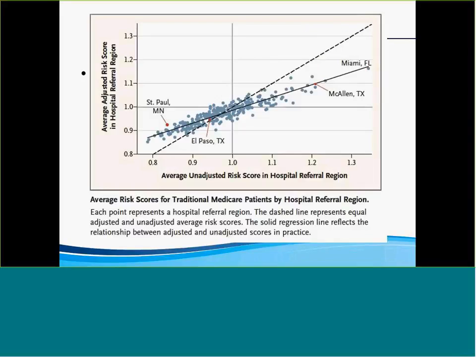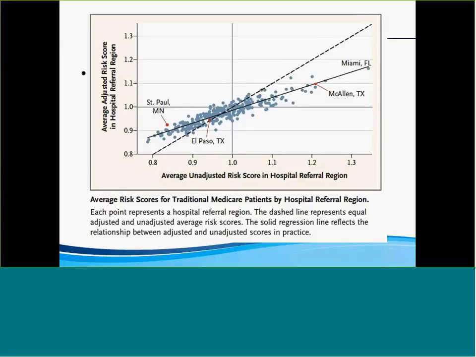Now here's an example. The dashed line shows an adjusted risk score, which is a corrected risk score, basically unity. So that if you look at 1.0 on the x-axis, it goes to 1.0 on the right axis.